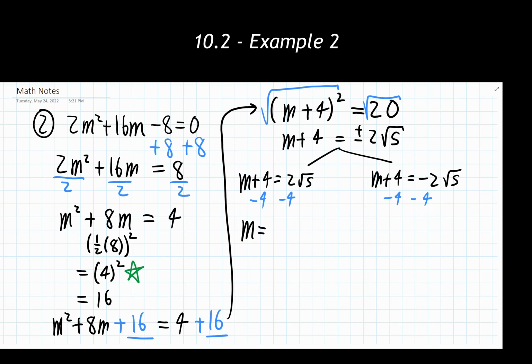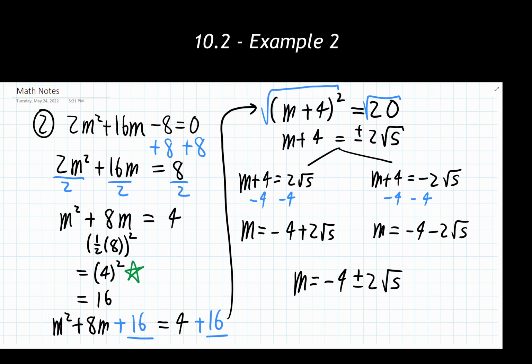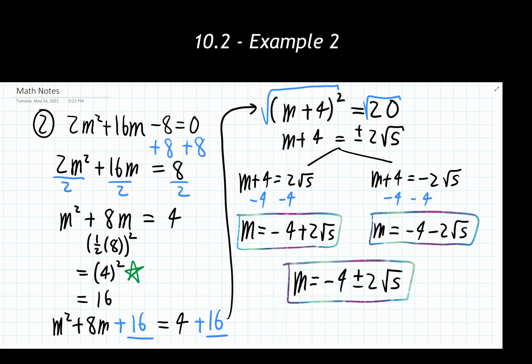I'm getting m equals negative 4 plus 2 square root 5. And I'm getting m equals negative 4 minus 2 square root 5. This can also be written as m is equal to negative 4 plus or minus 2 square root 5 as well. It should be noted that while we have these 3 ways of writing out our final answer, make sure that you are following the policy and the form that your particular instructor or program that you are using is looking for.